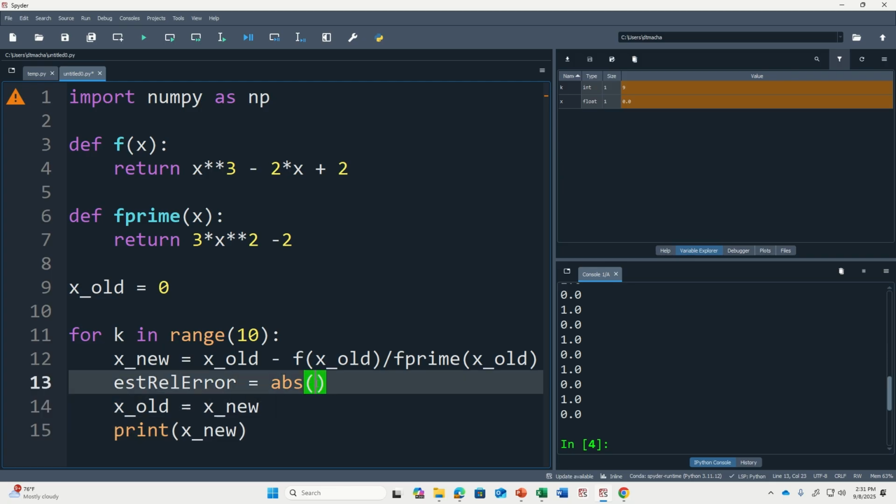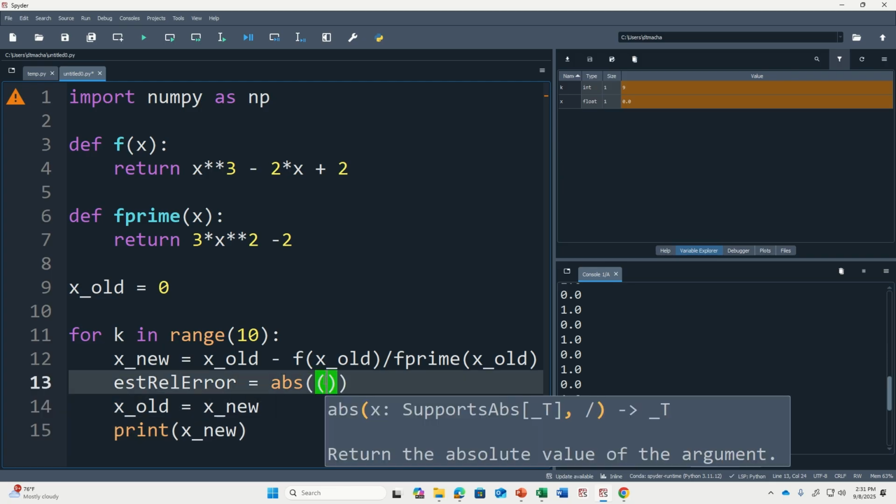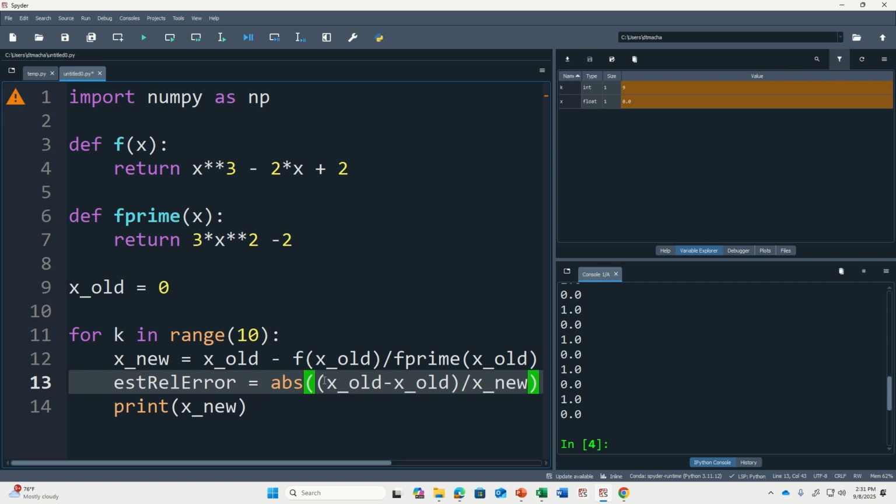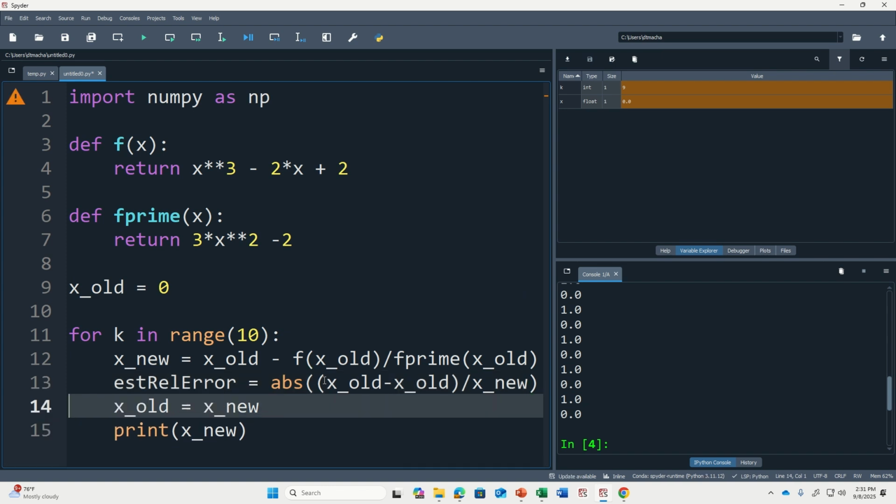Anyways, estimated relative error will be the absolute value of, and it doesn't matter in which order you subtract, because you're about to take the absolute value anyways. I told it to you before as old minus new, but again, the order of subtraction does not matter if you're about to take an absolute value.